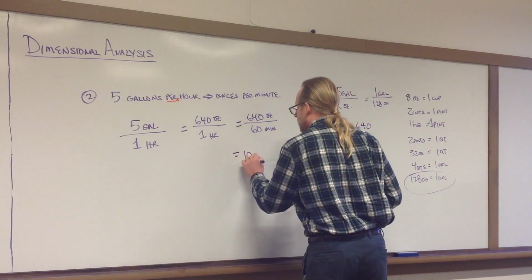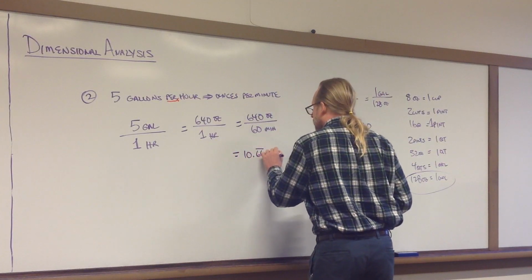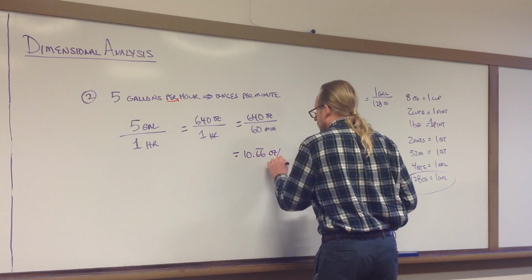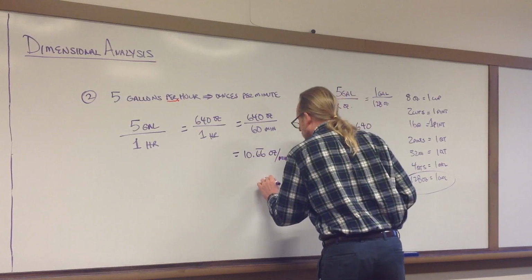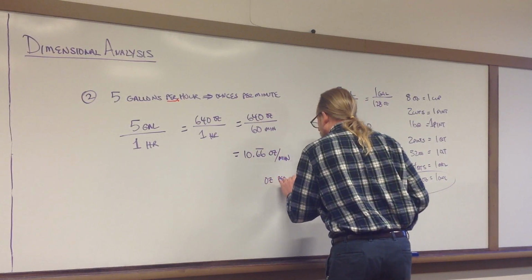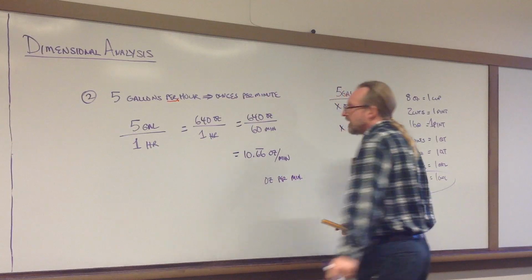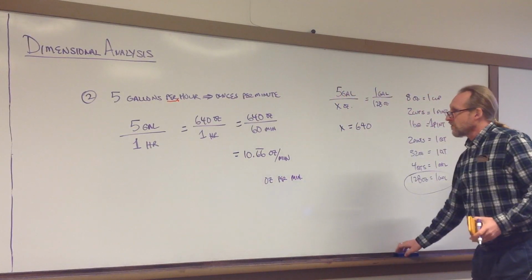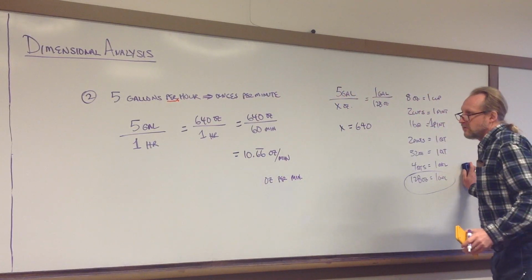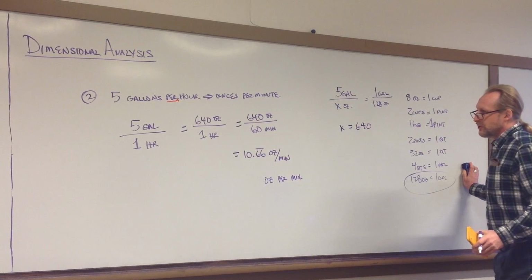So this is 10.66 ounces, and you can write it like this, ounces per minute, or you can write out the word per instead of that divided by symbol. All right, so there's problem 2.